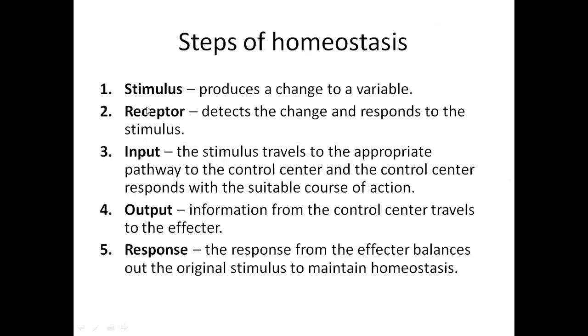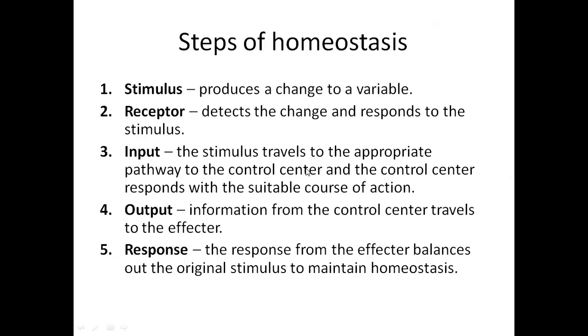Now, there is a stimulus first, constantly pushing the equilibrium state of the body, changing the variables, and this change will be sensed by the receptors, and these receptors will send the information to the brain through the afferent system.